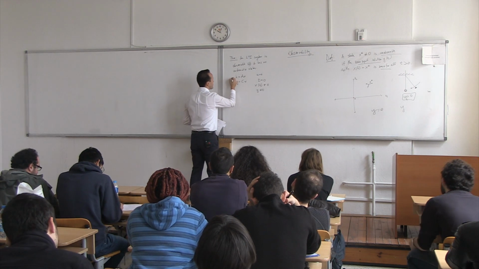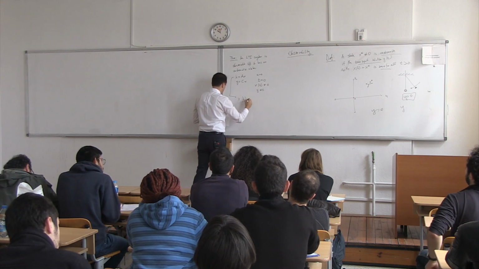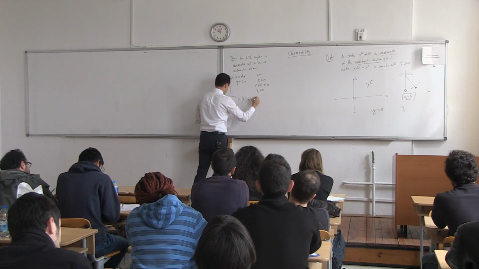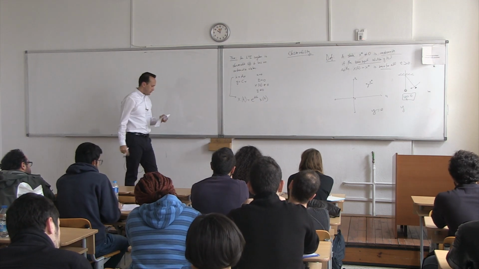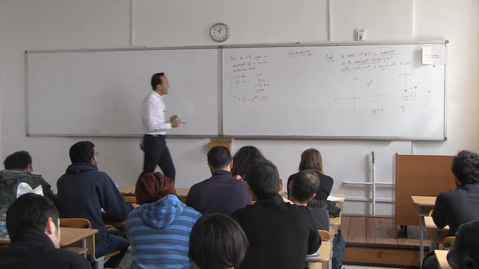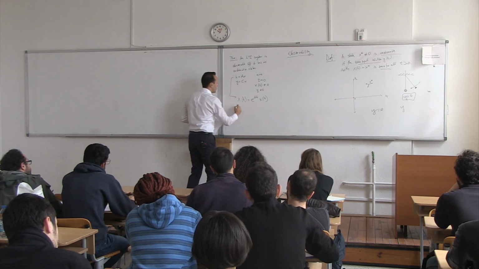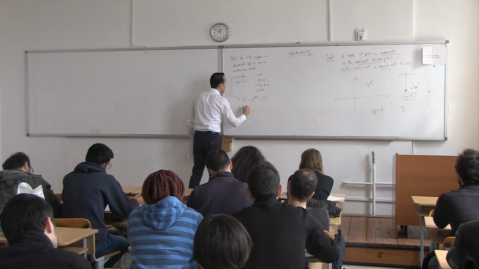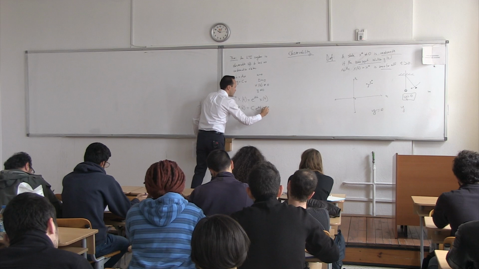So let's say I want to have a solution of this. The solution would be e to the power At times x of 0. If x0, the starting point, is not equal to 0, I don't want the output y of t to be equal to 0. That is the condition.